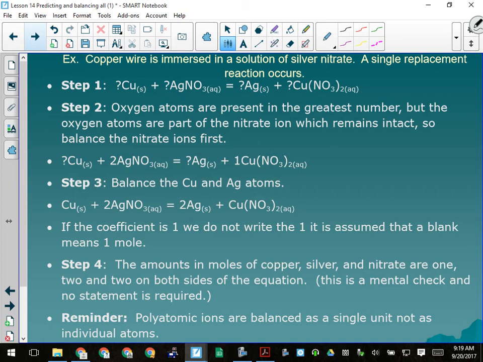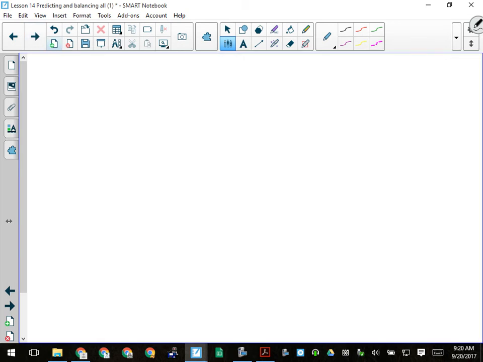Okay, so in this example here, this is actually looking at the first prediction thing that we'll look at. So we'll set it up like this. In this reaction, it says a piece of copper wire is immersed in silver nitrate.